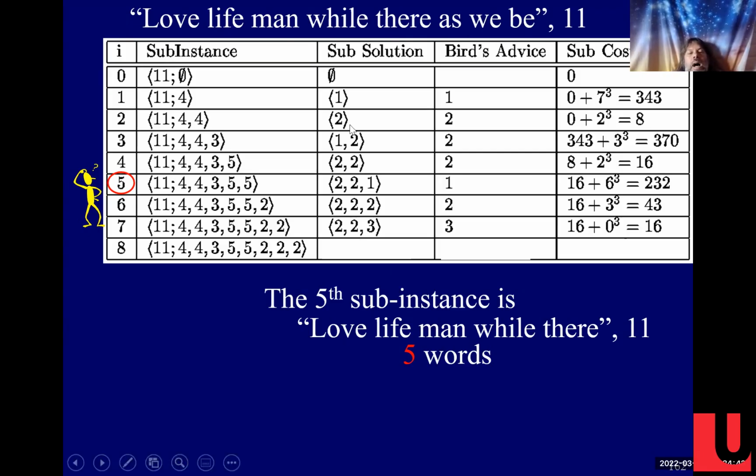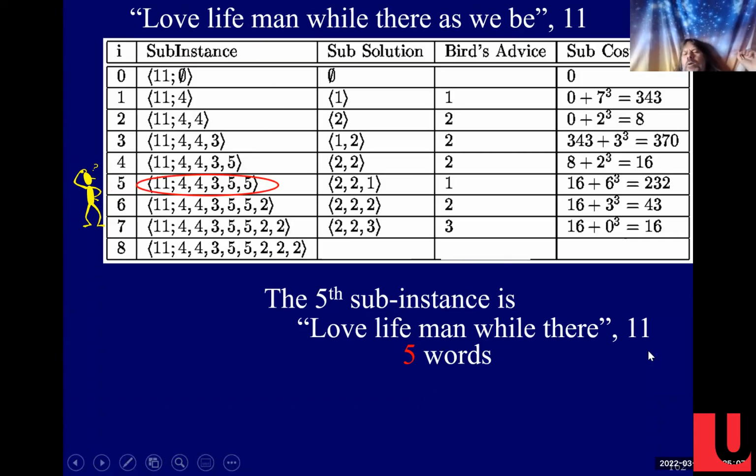And my 5th subinstance is how to print the first 5 words, right? The first 5 words are love life man while there. Anyway, it's a dumb sentence. My goal at this subinstance is how to print this sentence.